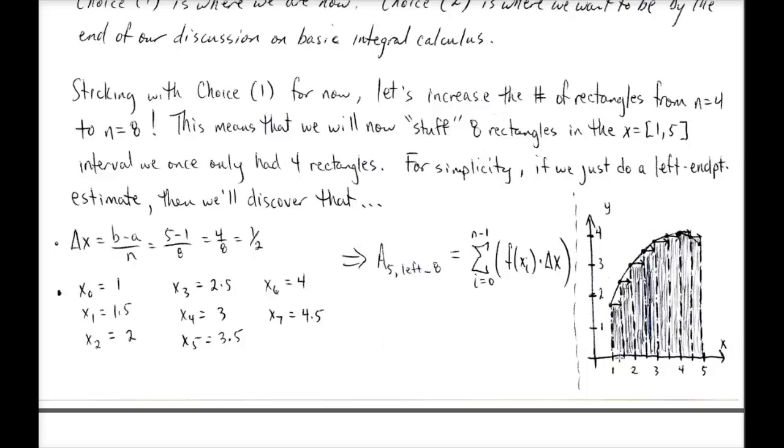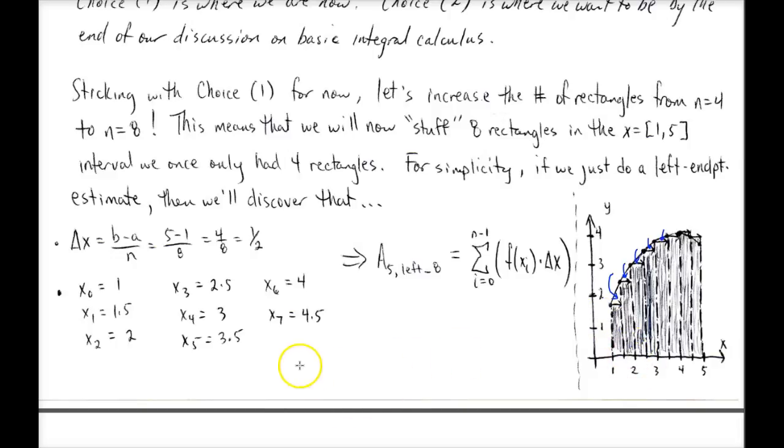And you also see that in this case, the left endpoint estimate, even though it is still an underestimate, is not as bad as it was before. And of course, we can see that directly just by looking at these white gaps, which are much smaller than when we were trying to fit 4 rectangles in between x equals 1 and x equals 5.